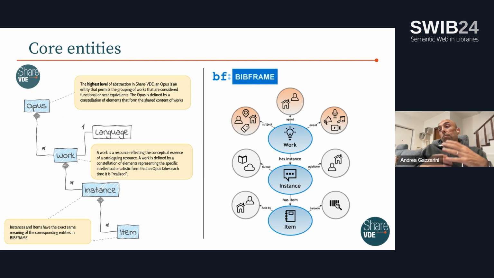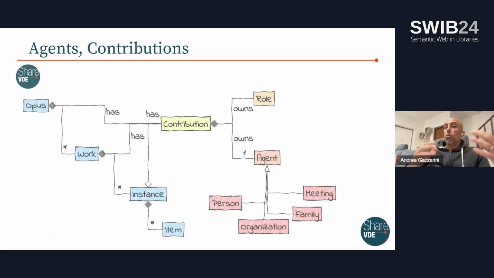The reason for the difference is because we wanted to have a domain model more cohesive and tied to our context. Apart from the core hierarchy, as I told you, there are a lot of similarities.